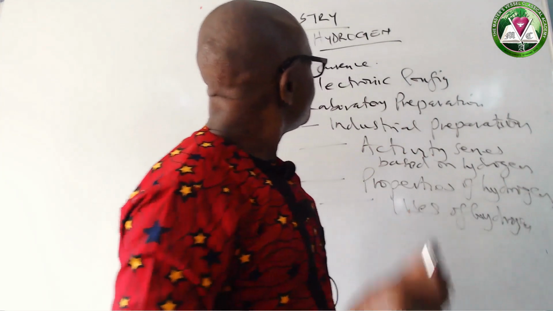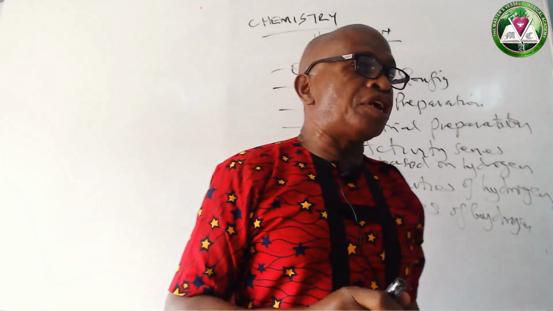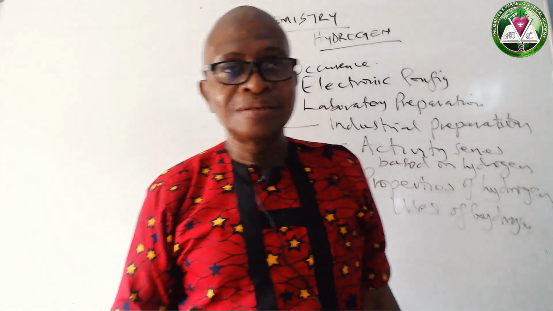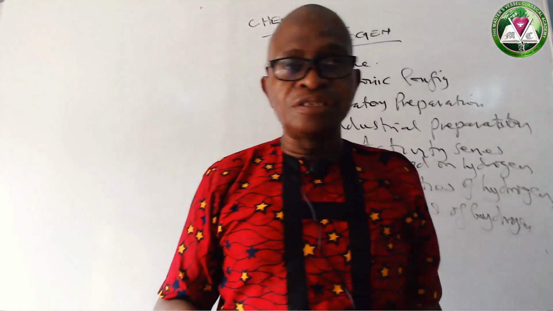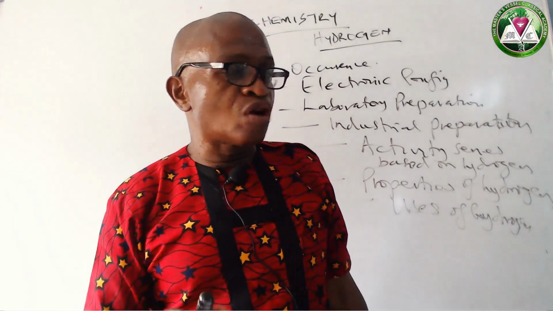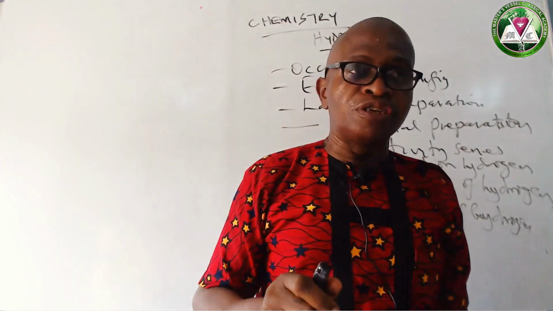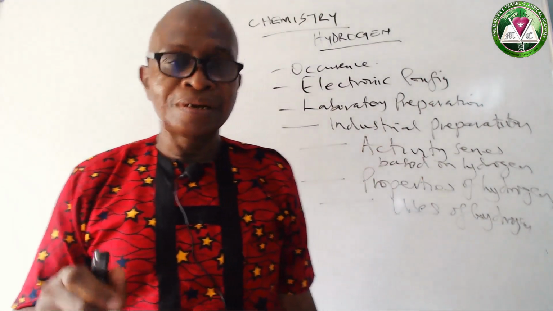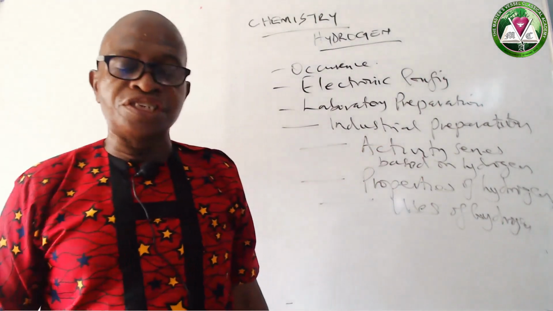Then hydrogen also can be found in combined state. For instance, you know that water contains hydrogen. One molecule of water contains 2 atoms of hydrogen and 1 atom of oxygen.